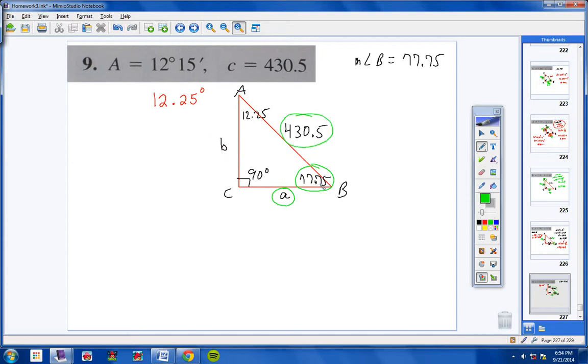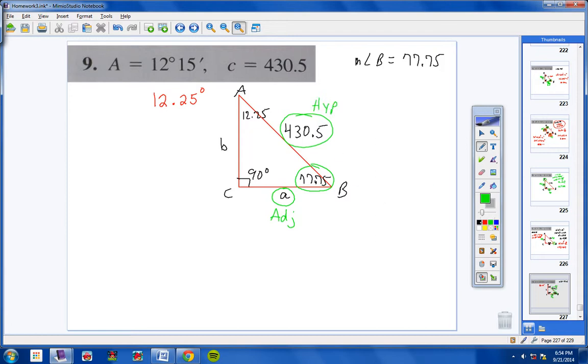Based on angle B, and by the way, students, you could have used angle A if you wanted to, but based on angle B, my two sides here would be adjacent and hypotenuse.